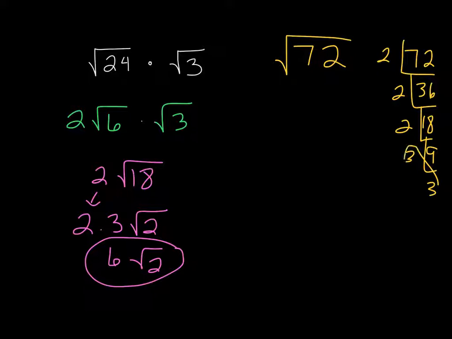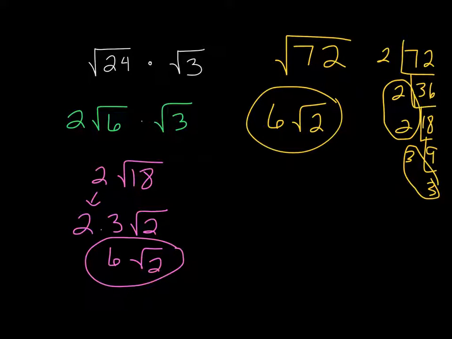So you'd pull out a pair of 3s, a pair of 2s. So that would have been 6 radical 2. You would get the same answer, and you might find that way easier. The only difference is sometimes you end up with much larger numbers to have to work with. But either method works just fine.